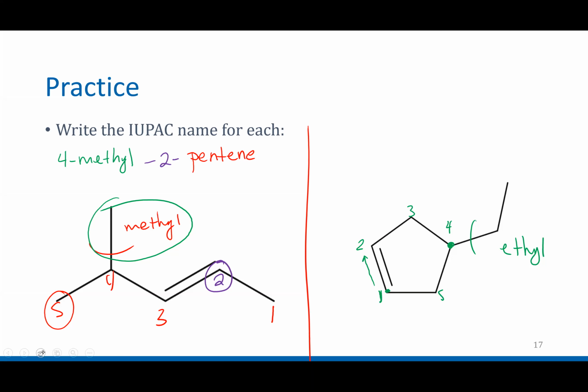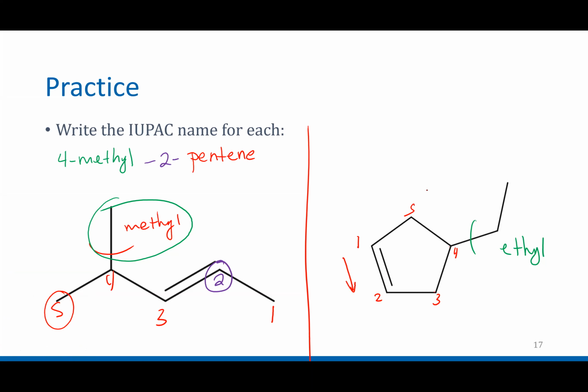The other way to number this would be, and I will erase these numbers, to start here and do the same thing. Again, go over the double bond, 3, 4, 5. So it really doesn't matter which way I number this.